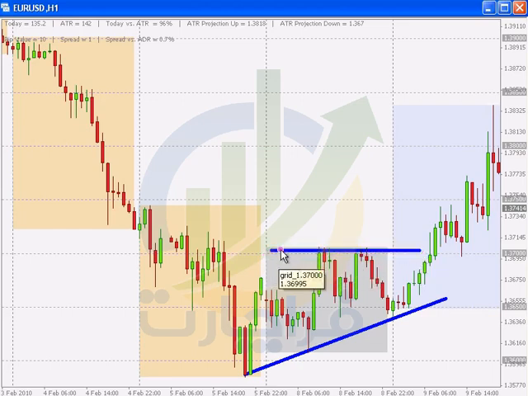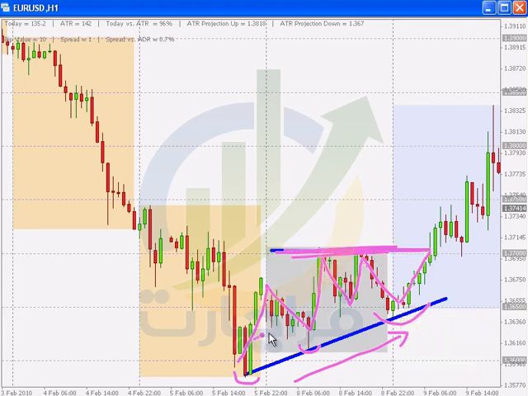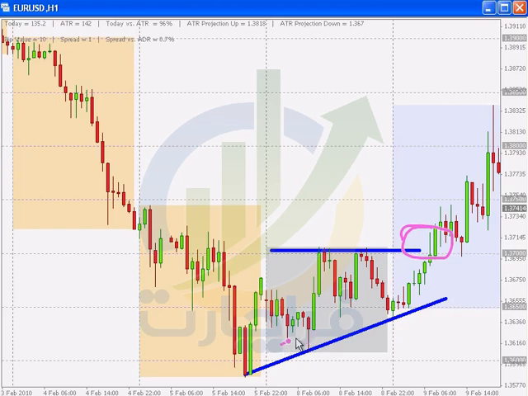How is that? Well, because price, as it scores higher swing lows, means that it's basically building pressure upon that particular level. Price is simply building pressure, and eventually that horizontal line cannot keep up with the buying pressure anymore, and it gives way.